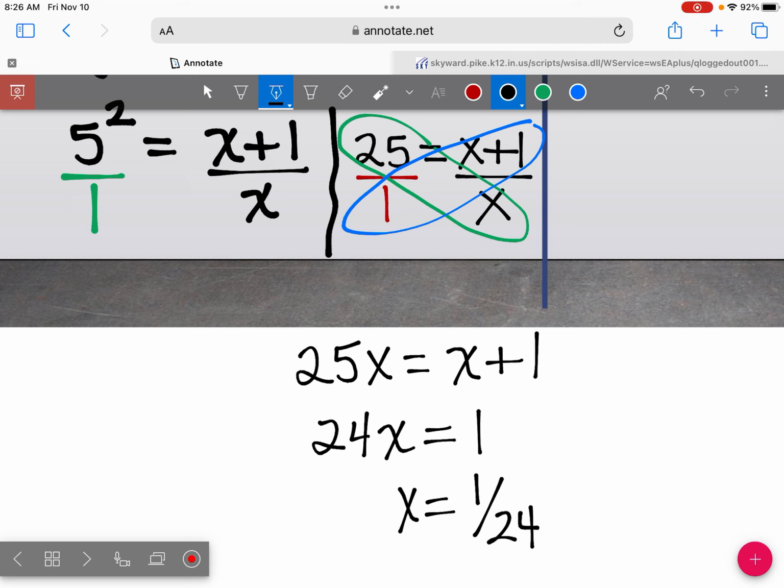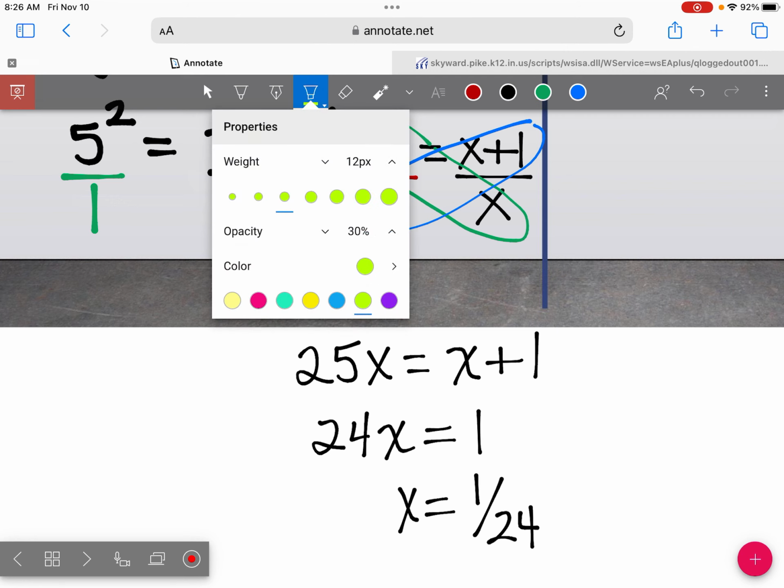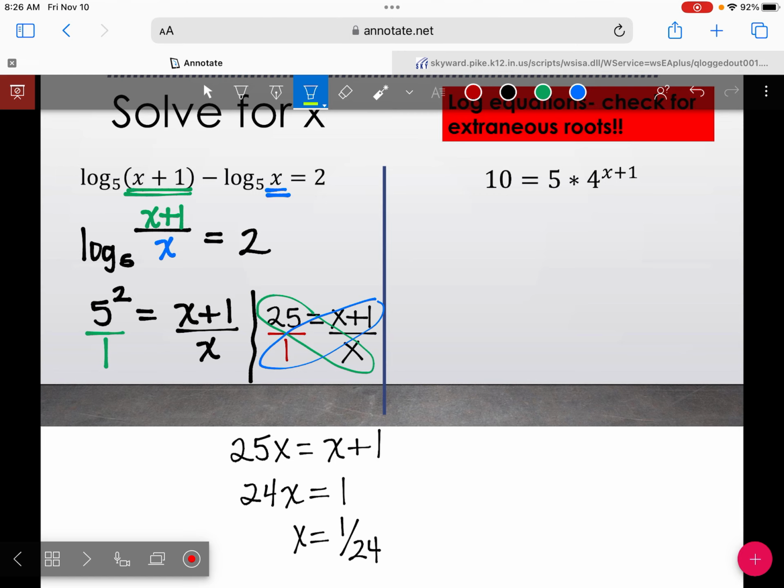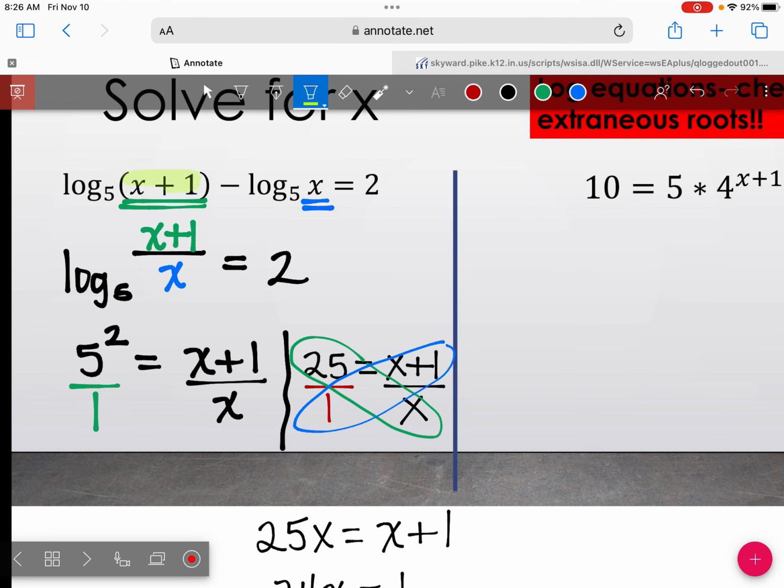So we need to do a check though and make sure that that's going to be okay. When we do our check, I'm just checking that this is positive and that this is positive, or I highlighted it. So 1 over 24 is positive. A positive number plus 1 is going to be positive. So it's going to be okay for this one.